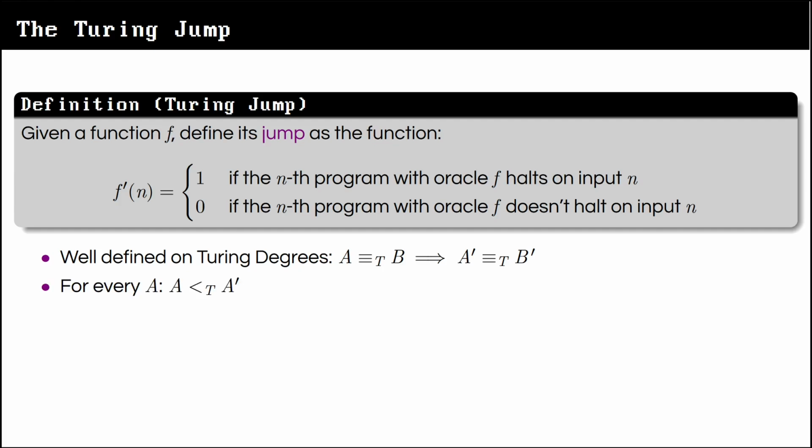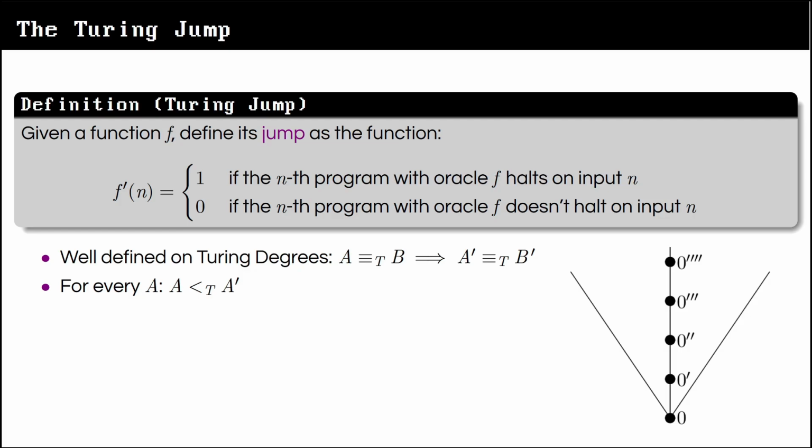The jump of a function is strictly more powerful in terms of computability than the original function. We can, by doing some cheap tricks, compute our original function from the jump, and we can't compute the jump from the original function. This gives us, for instance, a chain of landmarks in the Turing degrees.